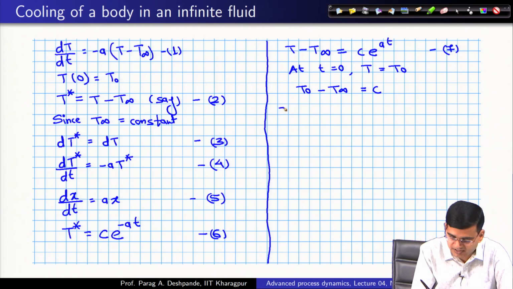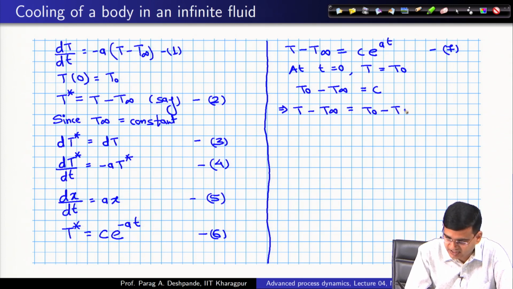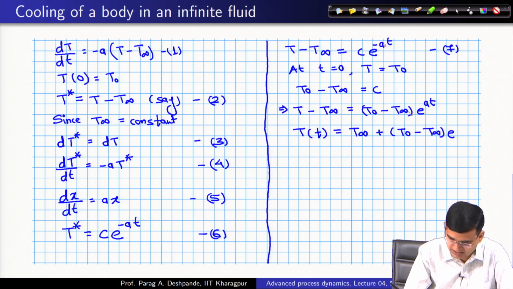Okay. In other words, I have T minus T infinity is equal to T 0 minus T infinity times e to the power minus a t, or finally, I can write my time evolution. So, let me make it explicit that T is a function of small t as T infinity plus T 0 minus T infinity e to the power, it has to be minus, so minus a t.